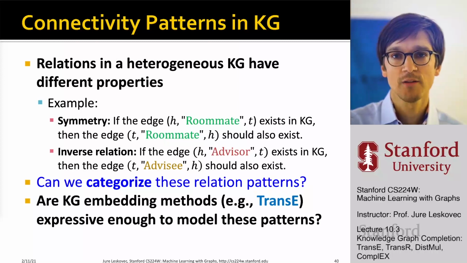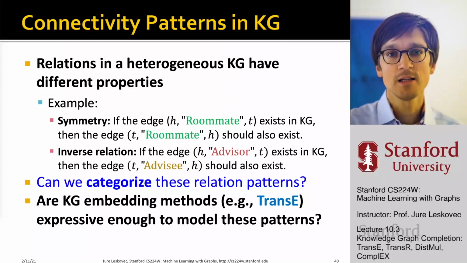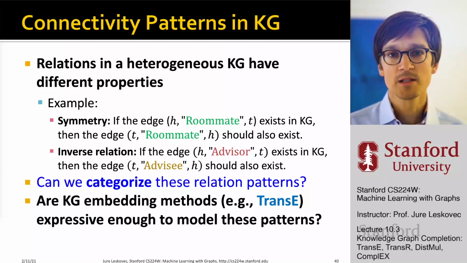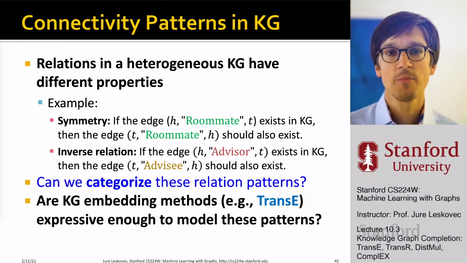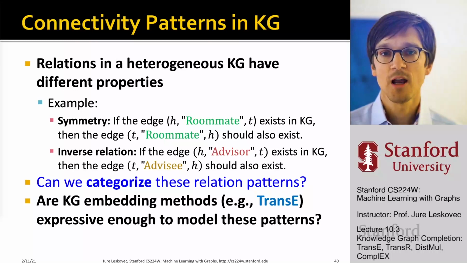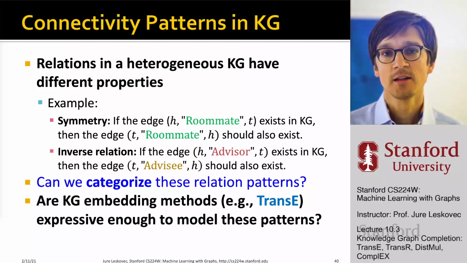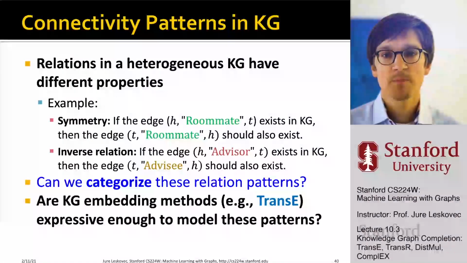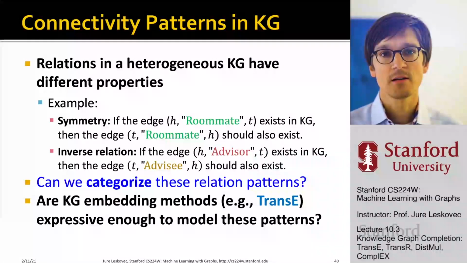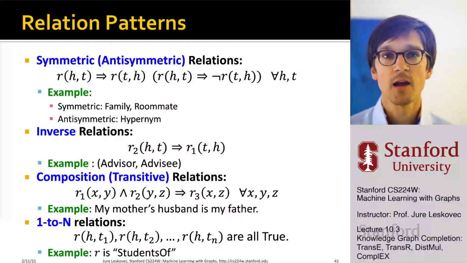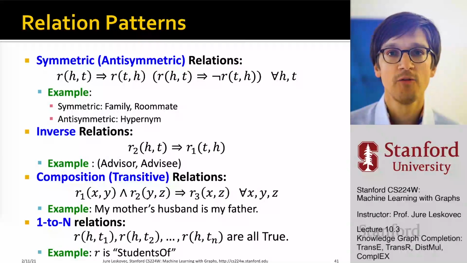Whoever is in relation of advisor in one way, advisee is in the other direction. So the question then becomes, can we categorize this type of relation patterns or relation properties? And are these knowledge graph embedding methods like the TransE that I discussed expressive enough to model these patterns? So the relation patterns we are going to discuss are four.